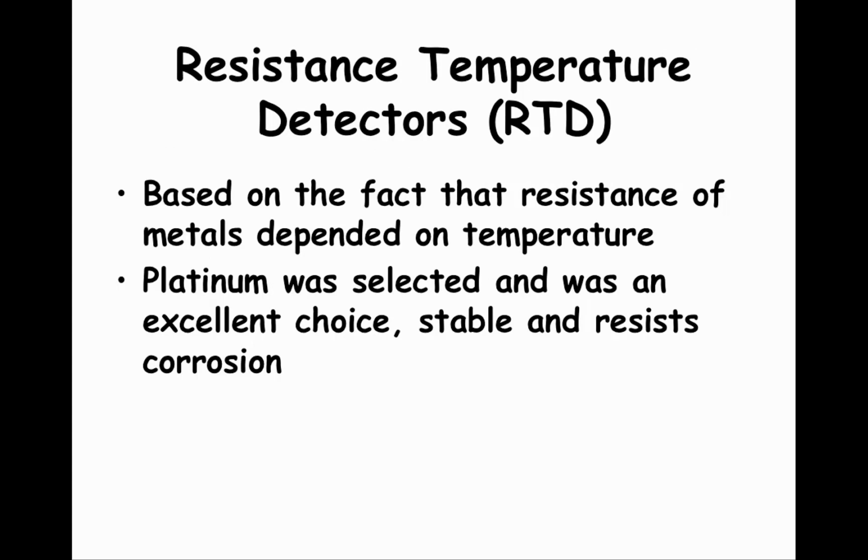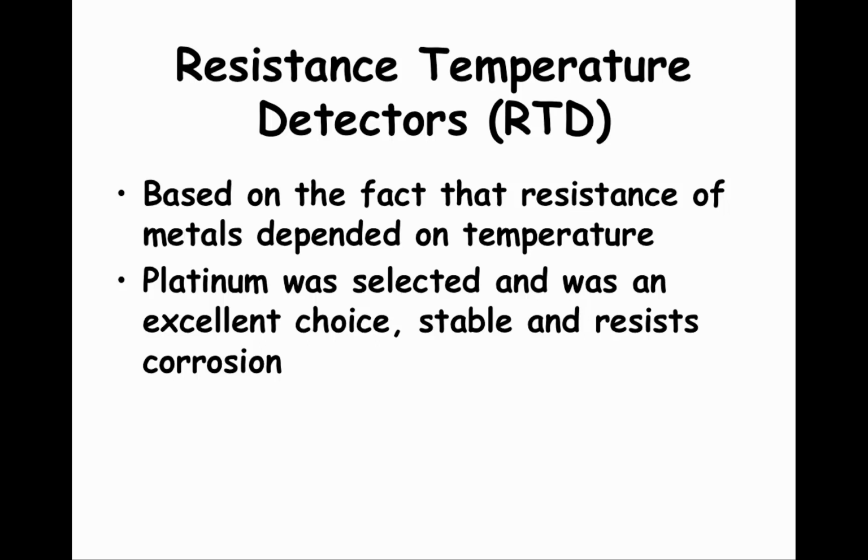Resistance temperature detectors are fairly common too. They are based on the fact that the resistance of some metals depends on temperature. The resistance change is quite small, so a Wheatstone bridge circuit is used to convert the resistance change into a voltage change that can be more easily measured.